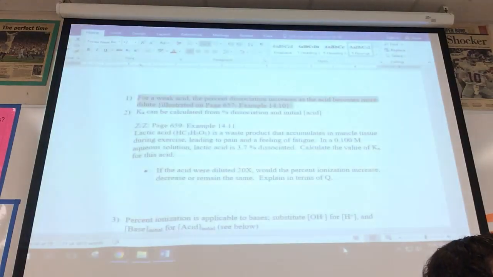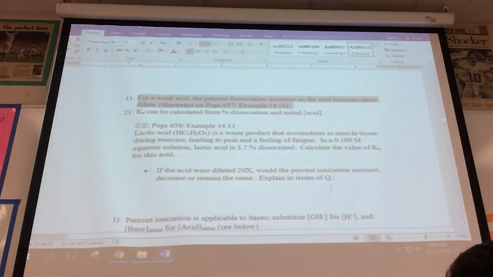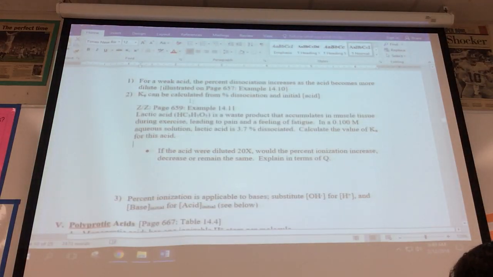The next problem is slightly twisted, but I feel confident that you can do it. You can calculate Ka from percent dissociation and initial concentration of acid. That's what's shown here. Lactic acid is a waste product that accumulates in muscle tissue during exercise. I'm sure many of you have felt lactic acid build up.